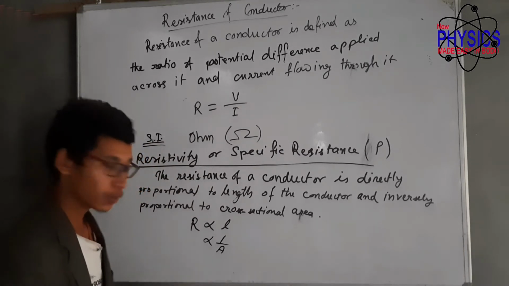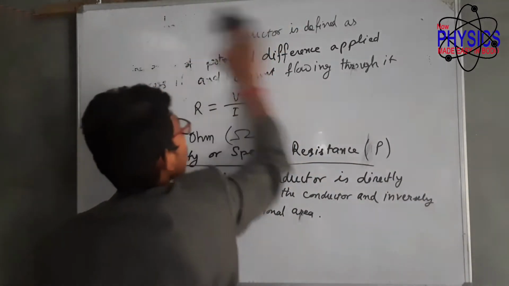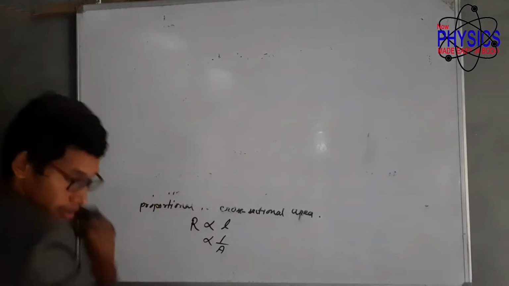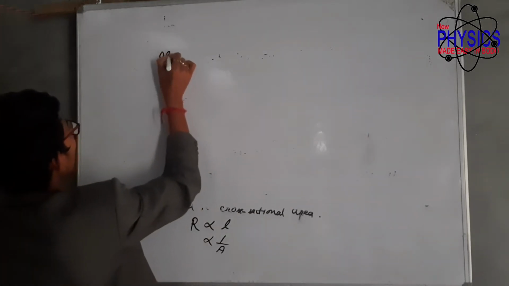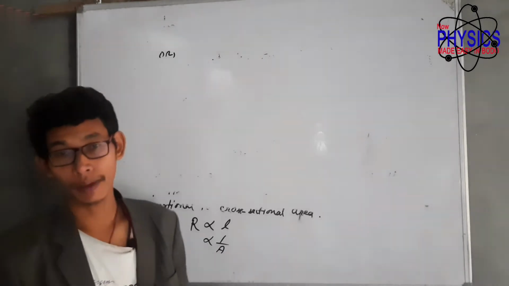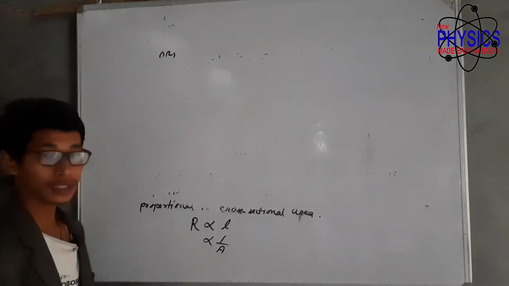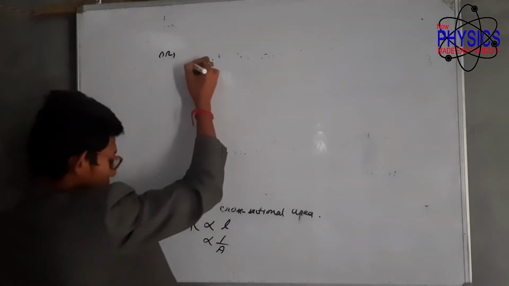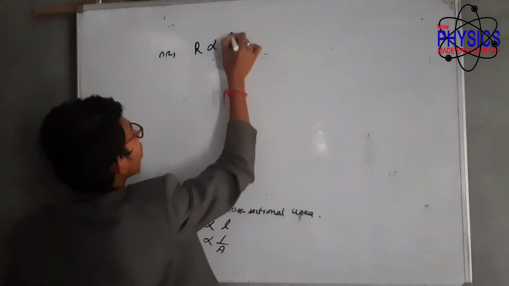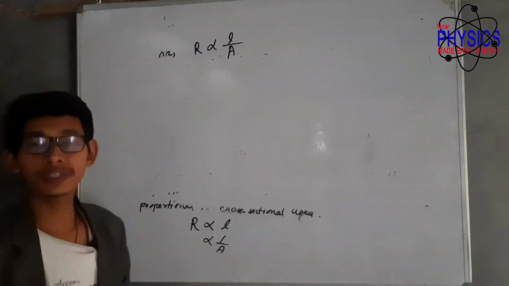So if you combine it, you will get R is directly proportional to L into 1 by A. In physics, we generally use this proportional symbol instead of the implies symbol, which is used in maths. So R is proportional to L by A. For this proportionality, let us bring a proportionality constant.